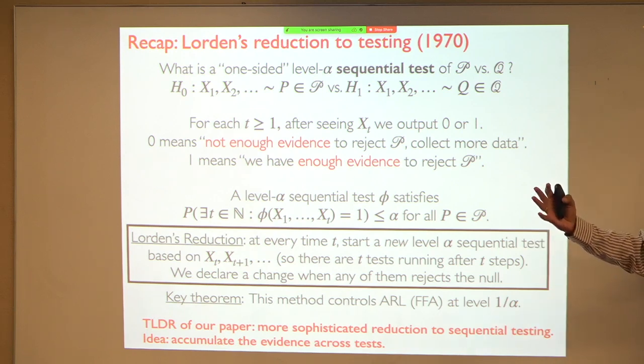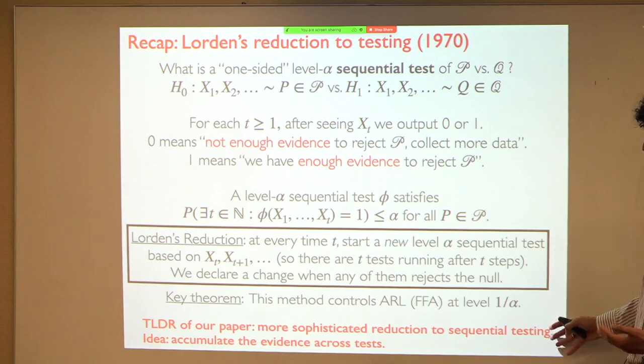But if I can accumulate evidence across the tests, then I can stop sooner and have a smaller detection delay. What I'm going to present is a uniform improvement of Lorden's reduction. It's still a reduction to testing, but it's a better reduction than this one. And it holds more generally, so the ARL control that I'll present holds more generally than Lorden's.